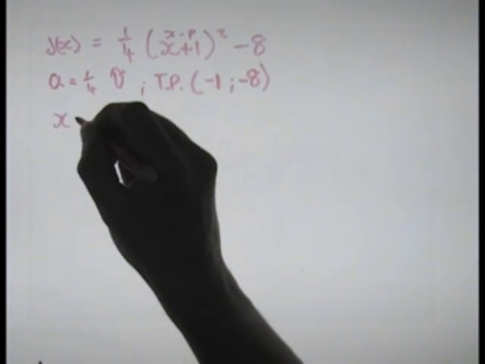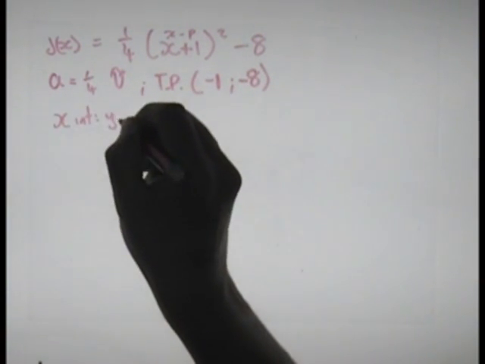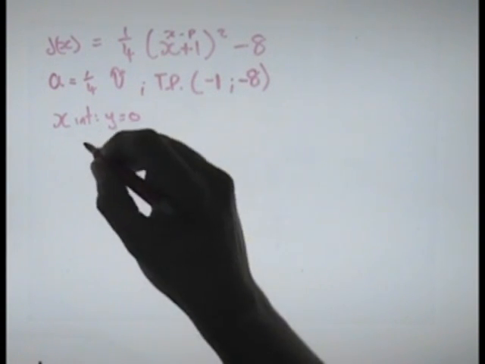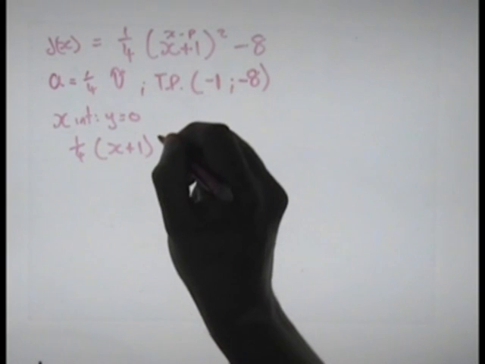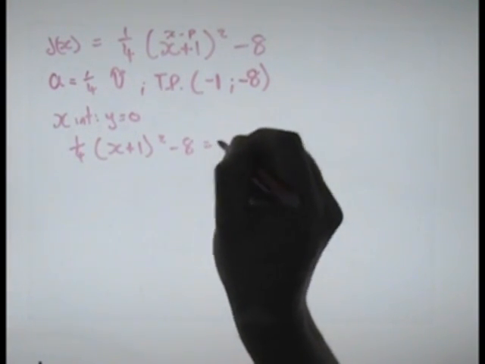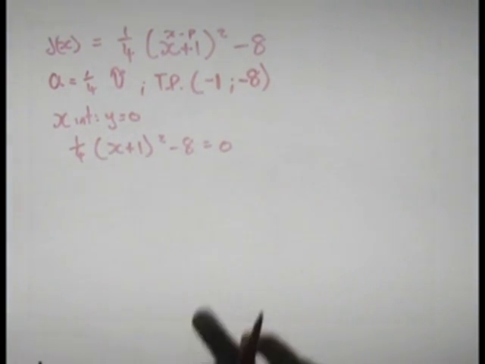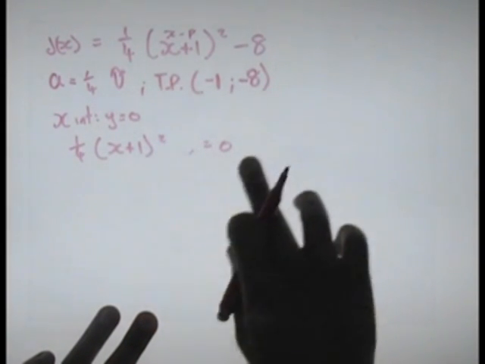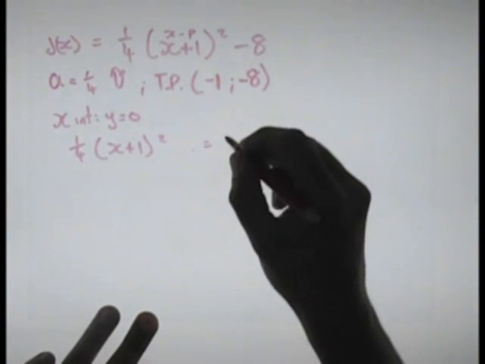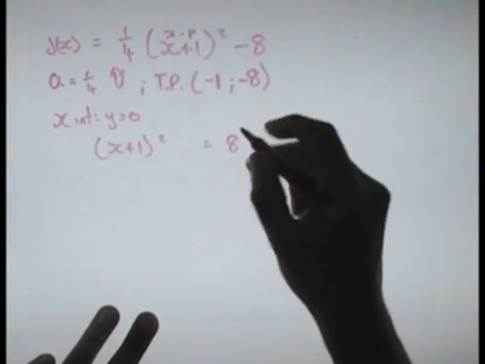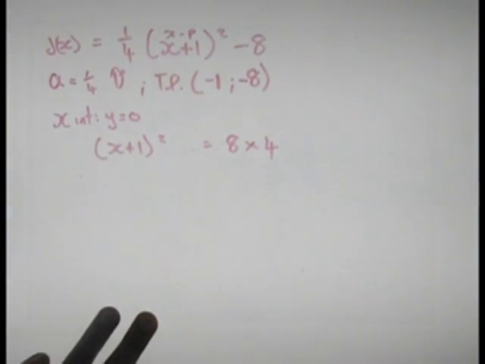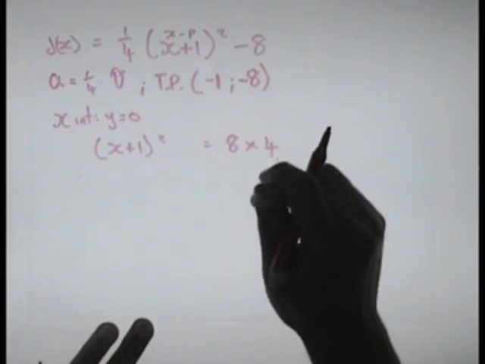Then I'm going to look at my x-intercepts. That happens when y is equal to 0. That means that 1 over 4 (x + 1)² minus 8 is equal to 0. That means that 1 over 4 (x + 1)², take the 8 across, is positive 8. Get rid of that quarter, which means we multiply it by 4, which is 32.